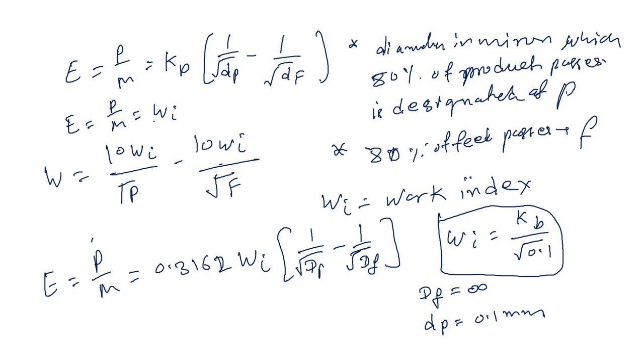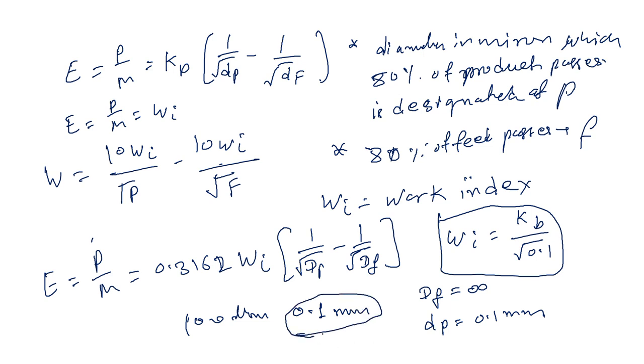The work index is the gross energy in kilowatt hours per ton of feed required to reduce a very large feed such that 80% of the product will pass through a 100 micrometer, or 0.1 mm, screen.